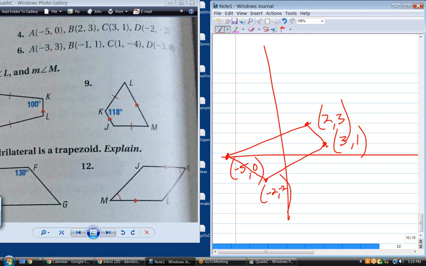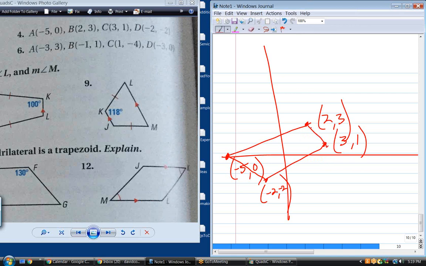So the only way to do it is if either this slope is equal to this slope, which would make it a trapezoid, or that slope is equal to that slope. So let's examine both. What's the slope of this line here?